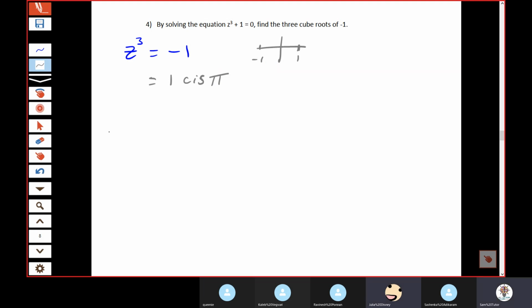Yeah, go ahead. Z equals cis pi on 3, and then cis pi, and then cis 5 pi on 3. Yeah, I got that as well.